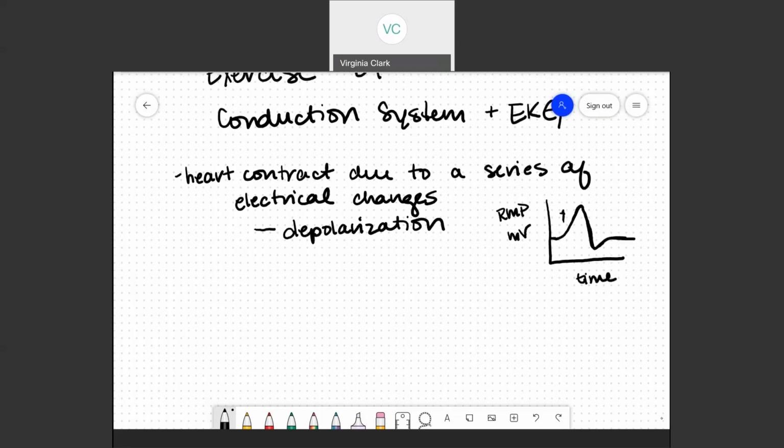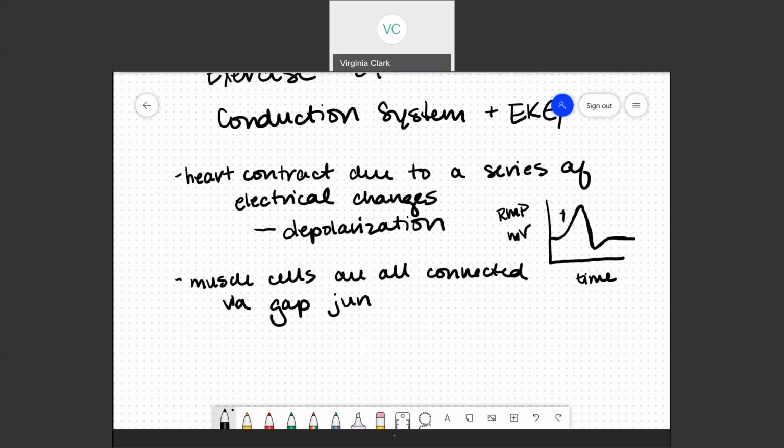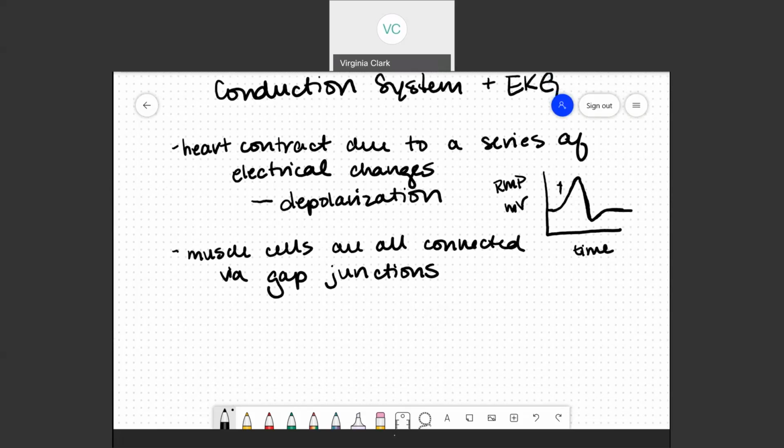So also think back to AMP1 when we were talking about how the muscle cells are connected. Your muscle cells are all connected to each other via gap junctions. So they aren't connected by a desmosome, they're not sewn together, they are connected by gap junctions.